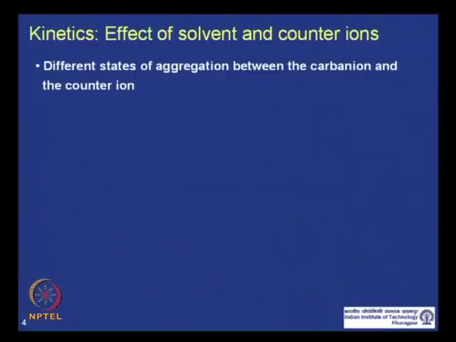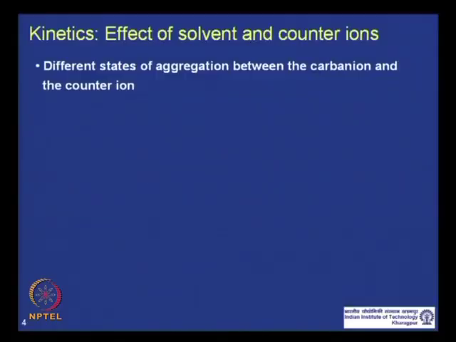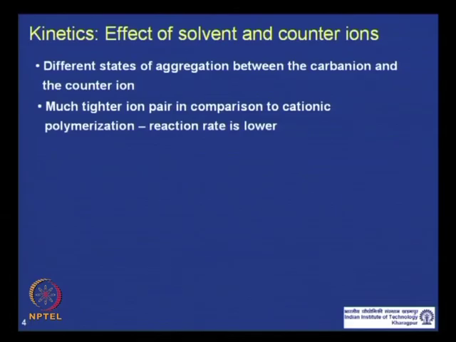We know that these ion pairs exist in different states of aggregation, from a tight ion pair to a solvent separated ion pair to a completely free ion pair. Depending upon the polarity of the medium, they can exist in different states of aggregation, and that state will definitely determine the reactivity of the anionic groups at the chain end.